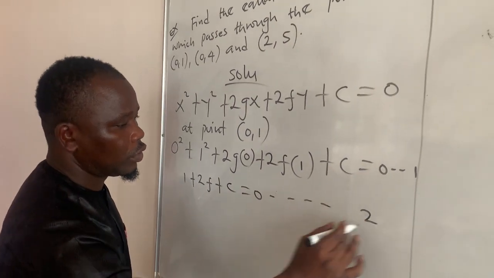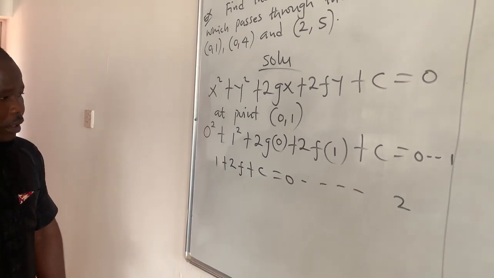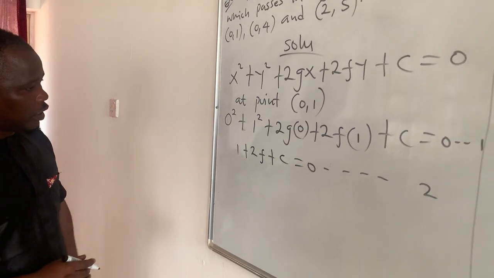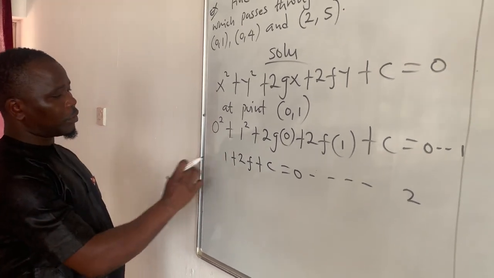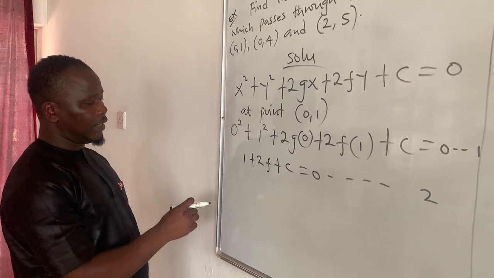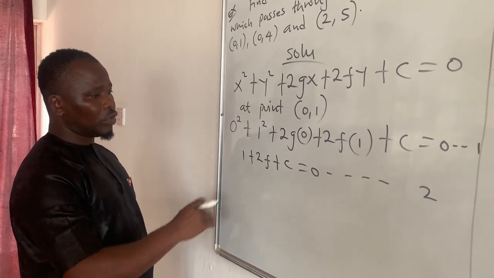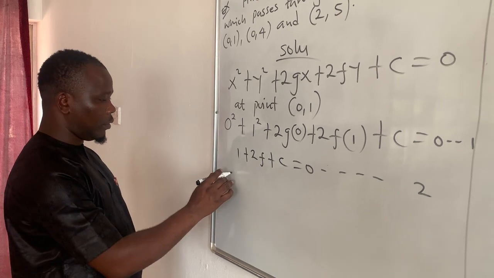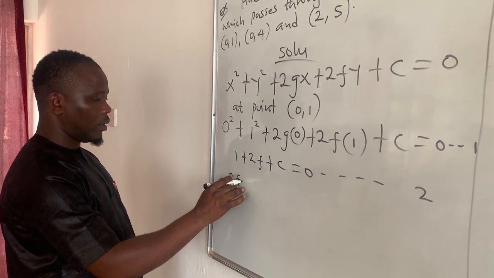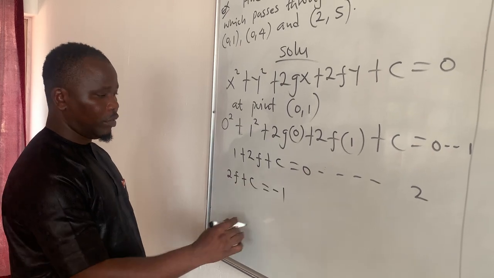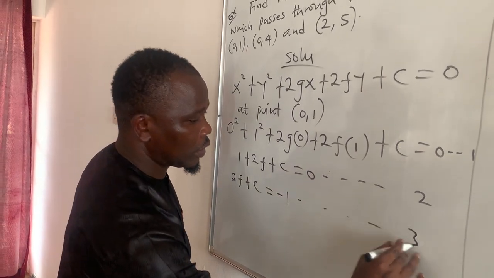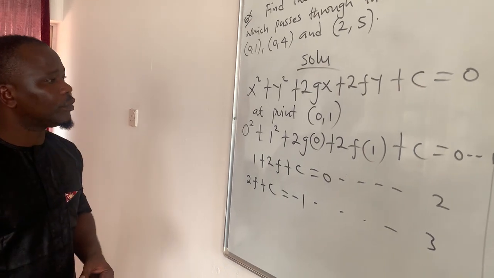This is equation 2. Then, if we subtract 1 from both sides, equation 2 will now be in this form: 2f plus c equals to minus 1. Please take note. This is our equation 3.